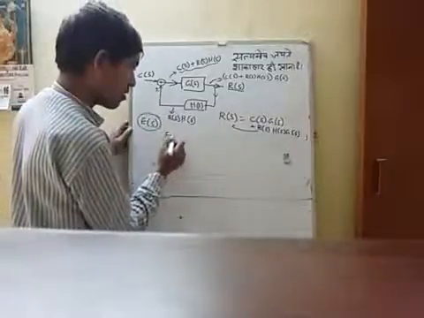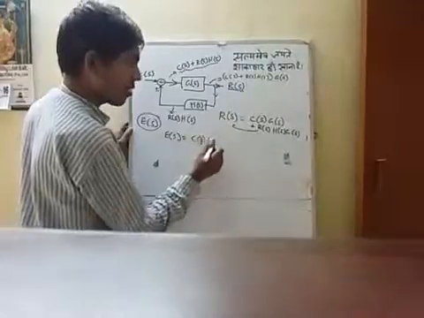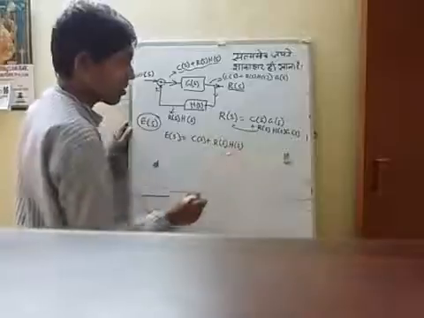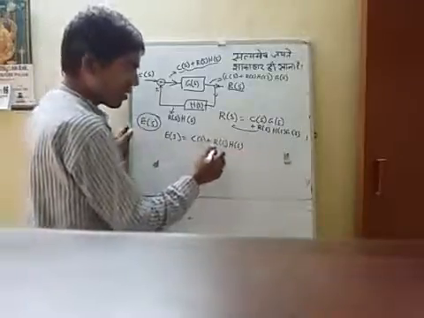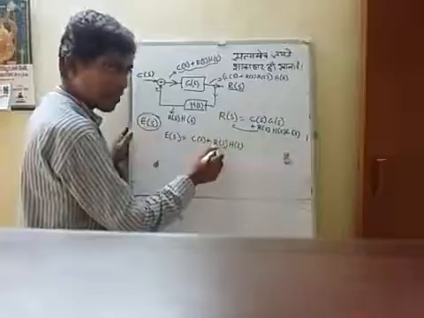So e of s is nothing but c of s plus r of s into h of s. Now I want to write r of s.